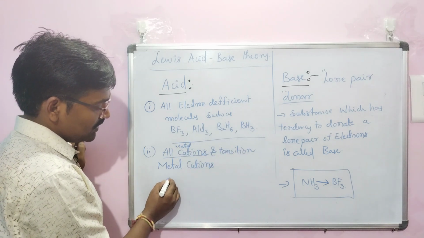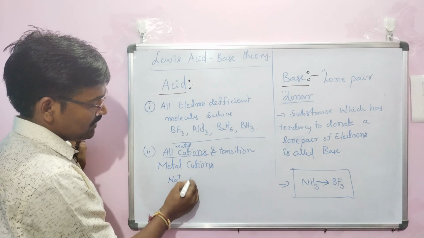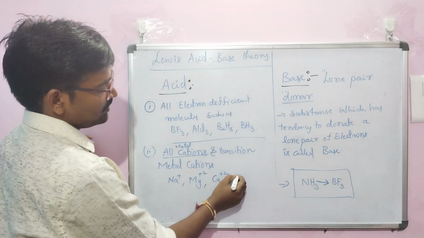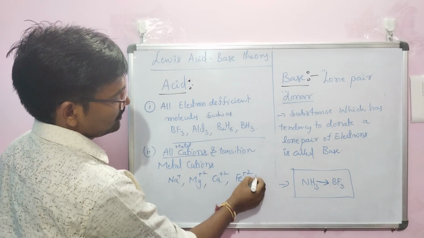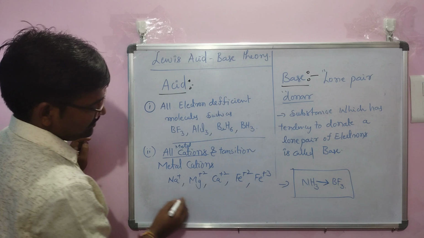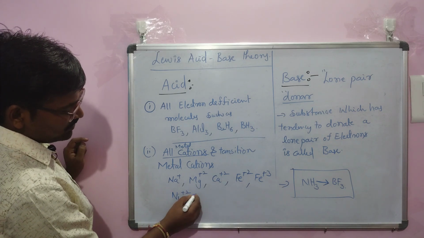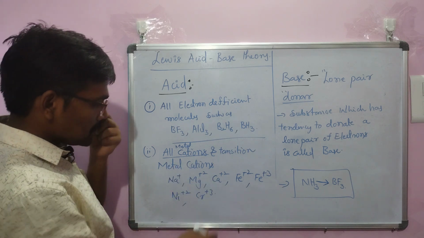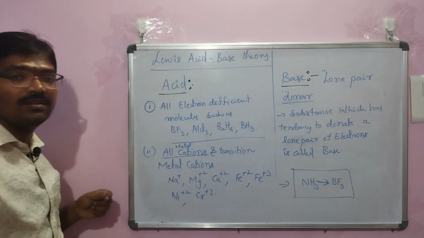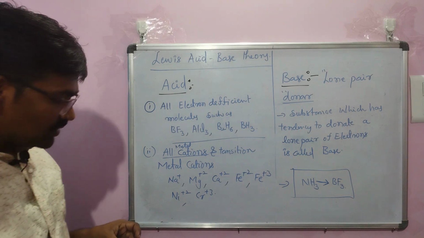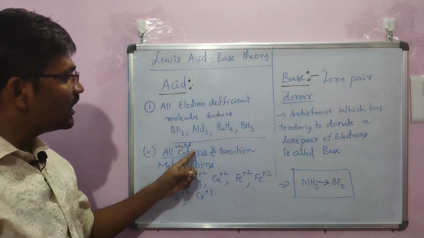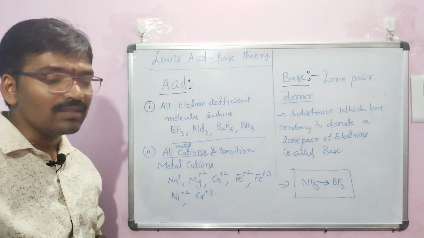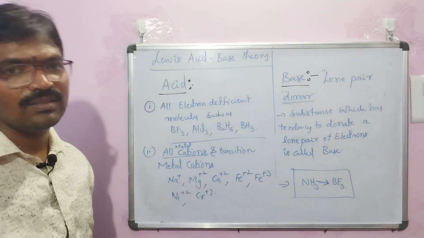For example, Na plus, Mg plus 2, Ca plus 2, Fe plus 2, Fe plus 3, Ni plus 2, Cr plus 3. All these come under acids. That is the reason we call all metal cations and transition metal cations Lewis acids.